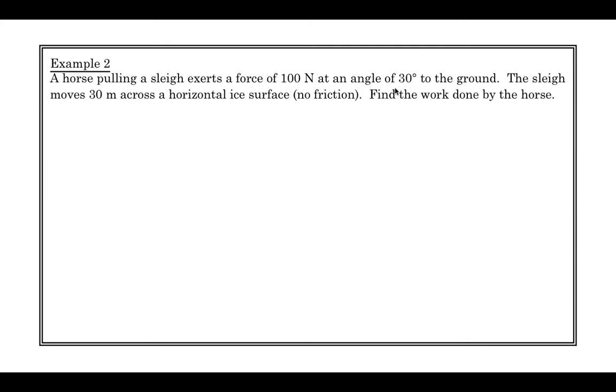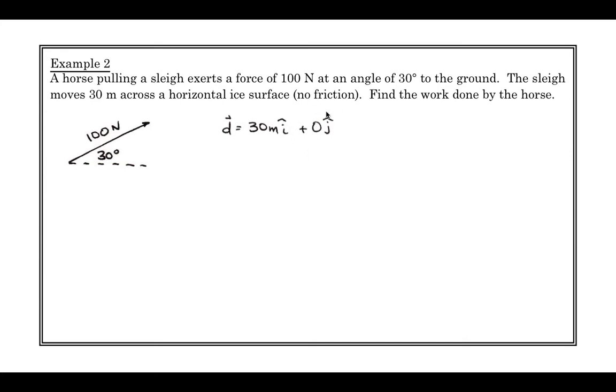Basically, we're going to calculate the work that's done on the sleigh by the horse. Now this is a little hiccup because we've got this 30-degree angle and we have to figure out what to do with that. Here's 100 newtons and here's the 30 degrees. If I resolve this force into its x component and its y component, and I look at the displacement, the sleigh is not displacing in the y direction, the j hat direction.